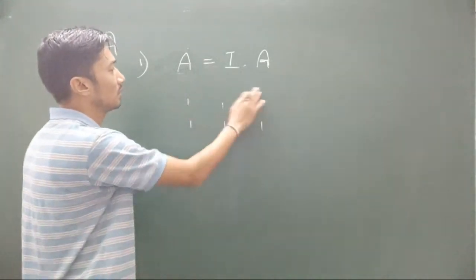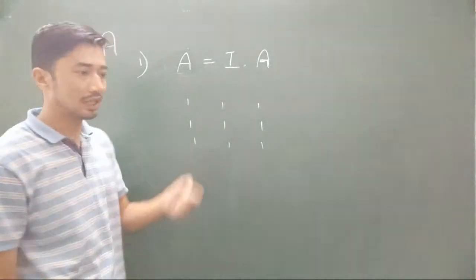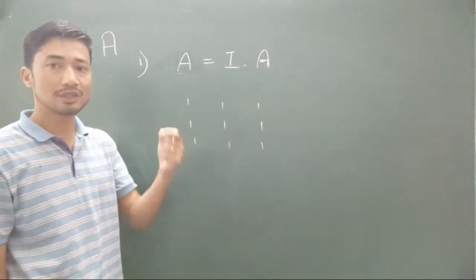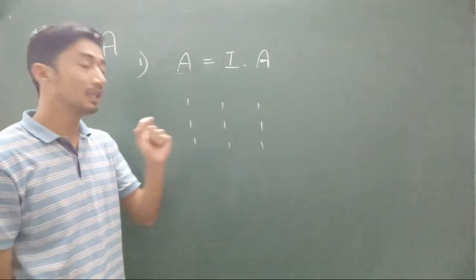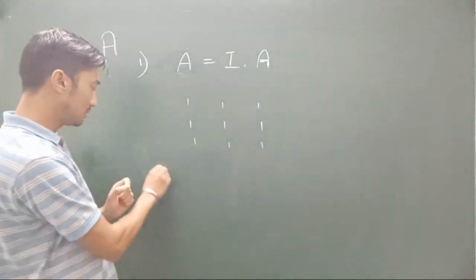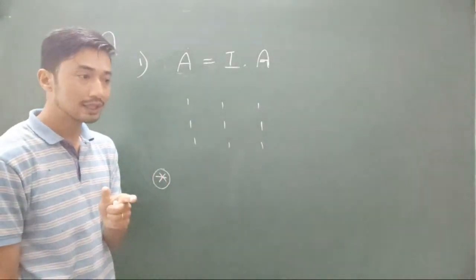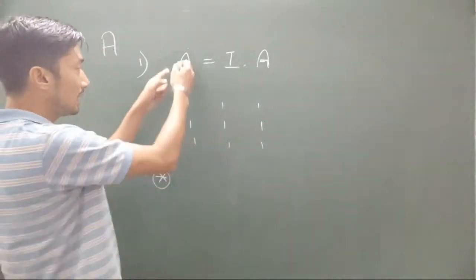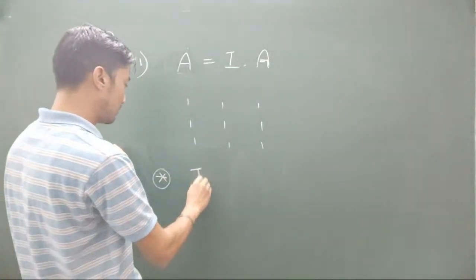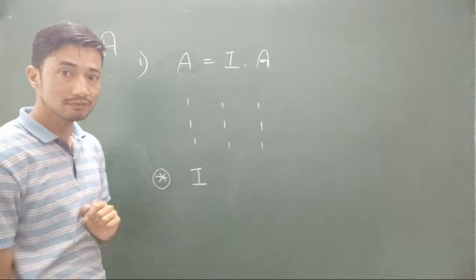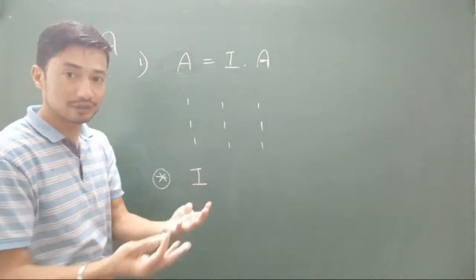We keep applying elementary row transformations on and on till we come to a situation where this A changes to I.